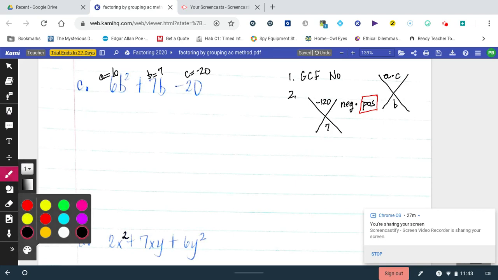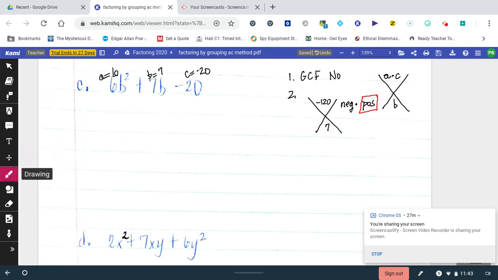All right, so I'm going to think about two factors that will give me negative 120, but yet add up to positive 7. So I'm going to try 15 times negative 8. What is 15 times 8? That's 40, kill the 4, that's your 120.